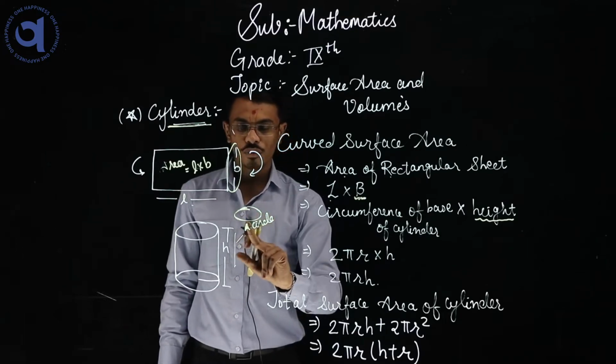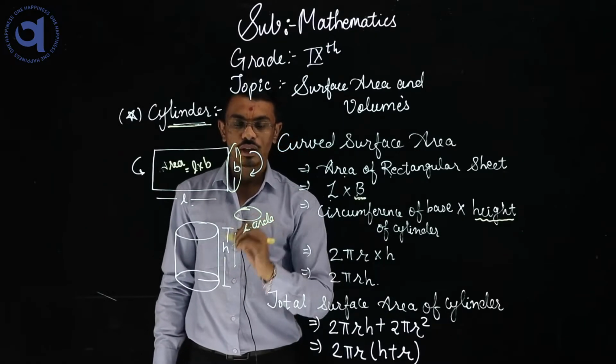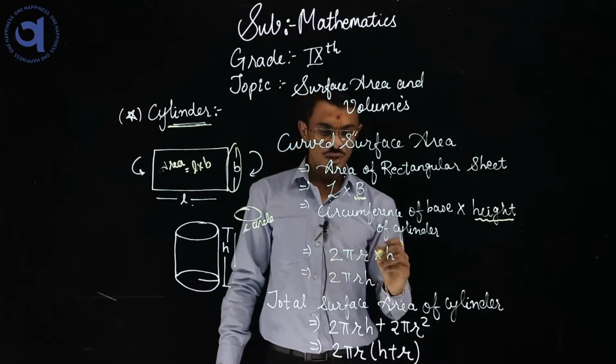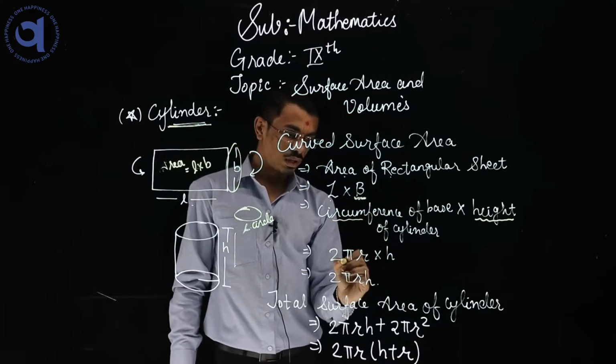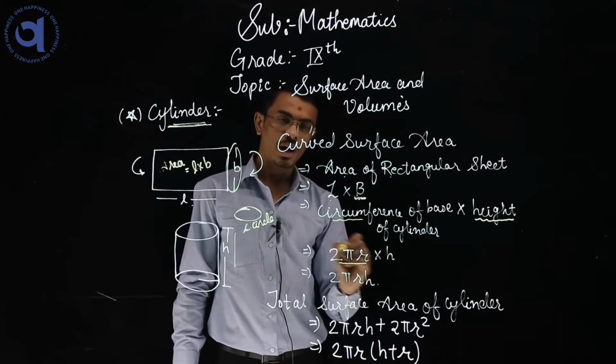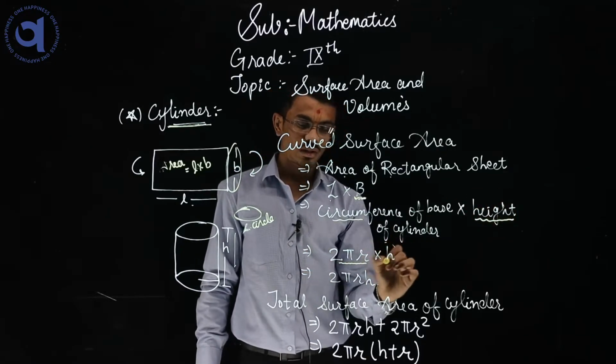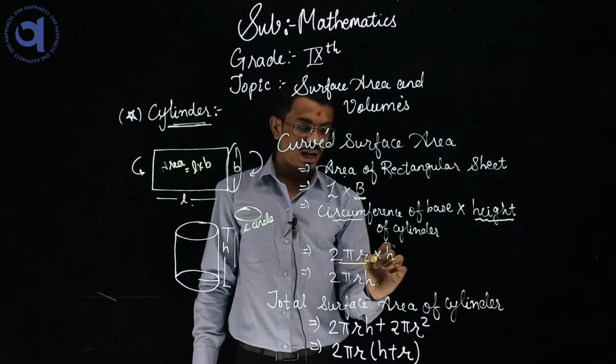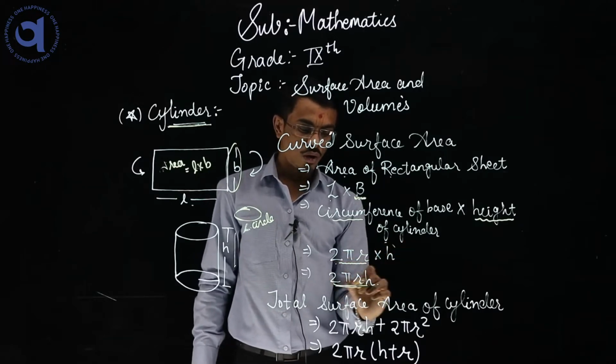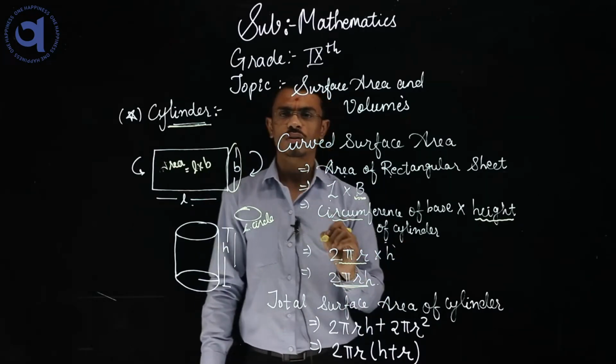So in place of area we consider C, the circumference of a circle. The circumference of a circle formula is 2 pi r and height is h. So 2 pi r h is the formula for the curved surface area of a cylinder.